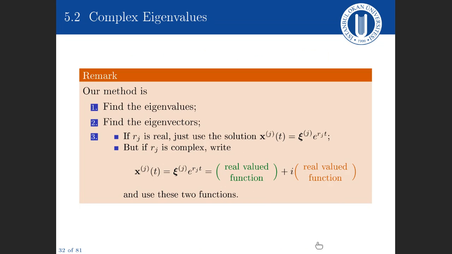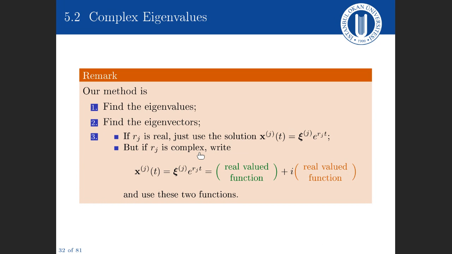So let's just recap our method. To solve x prime is equal to Ax, step 1, find the eigenvalues, and step 2, find the eigenvectors. If we have a real eigenvalue, then the function that we want is eigenvector e to the power eigenvalue t.